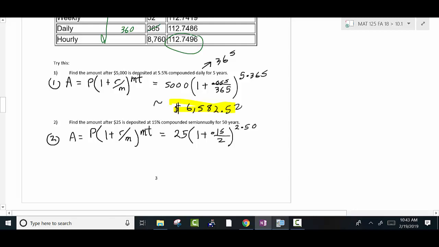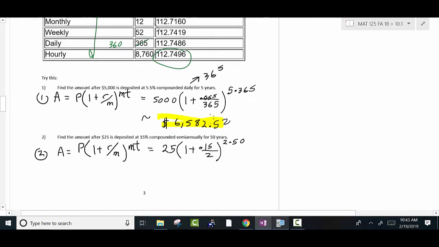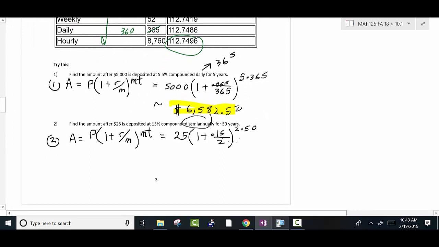Okay, so let's see. Yeah, 6,582.52. It looked like I didn't see anybody having any trouble with that. The next one, principal's 25, interest rate's 15, so that would be 0.15. Semi-annually is 2 times, so you would do that. Okay, now here's what I got. You can tell me if you got this. I got $34,576.93. Okay, does that look good?